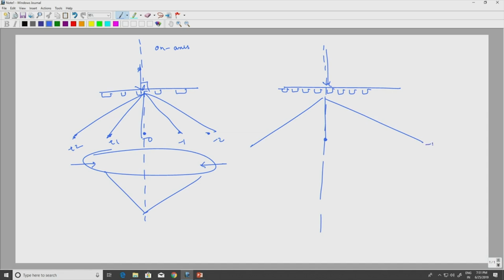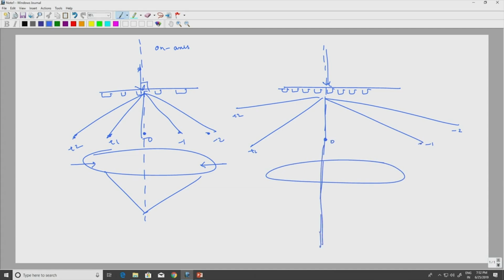So -1 and +1, and then this is going to be your second order, -2 and +2, let's say. Now this is my lens. I am unable to capture any of these orders. I am only getting the DC here.